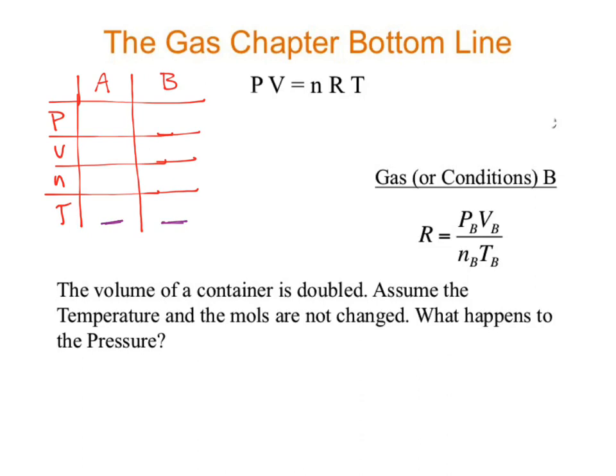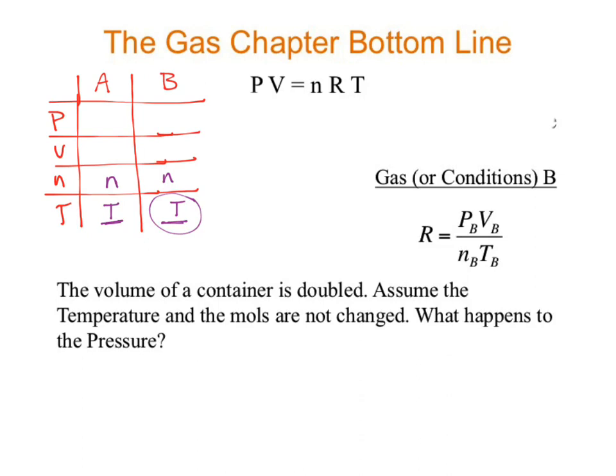I would make the argument that I should pick T. I don't really care what it is. It's T. What is the temperature for B? It is also T. How do I know it's also T? Because it says it didn't change. What is my value for moles? N. And? N. Awesome.